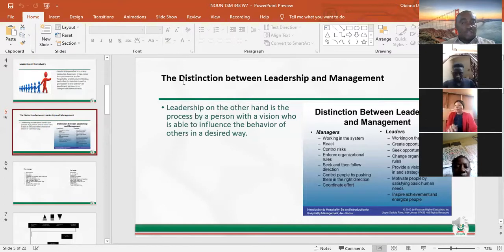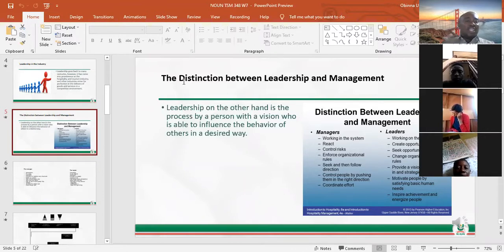Leaders, on the other hand, work on the system, create opportunities, seek the opportunity, change organizational rules, provide a vision to believe in and strategic alignment, motivate people by satisfying their basic needs, inspiring achievement, and energizing people.